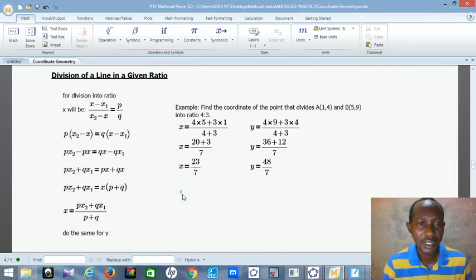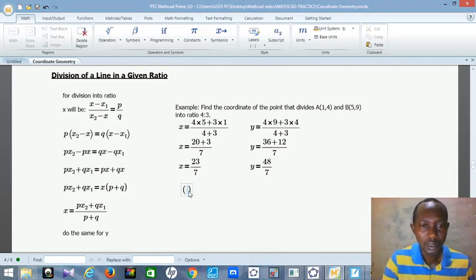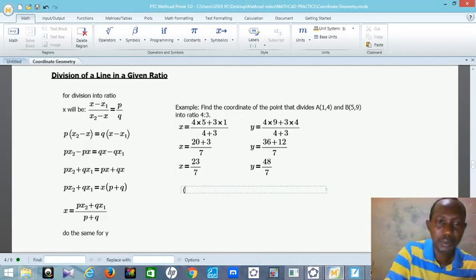If you put them in brackets, that will give you your coordinate of x and y. Let me put it in text. Open your brackets.